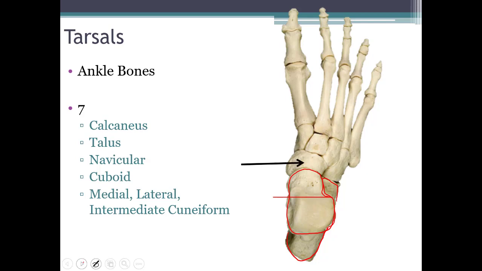Now, just distal to the talus, we have this bone here that looks like it's cradling it. This is the navicular. Lateral to the navicular, we have a cube-shaped bone here called the cuboid. And then the last 3 all have the same name, and those are cuneiforms.